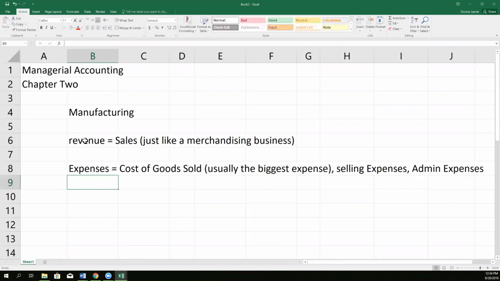These should seem pretty much the same. It doesn't look like I'm talking about anything different here. Talking about a manufacturer, their revenue is sales, their expenses are cost of goods sold, selling expenses, administrative expenses. You've seen those. This sounds like a merchandising business. So what's different?